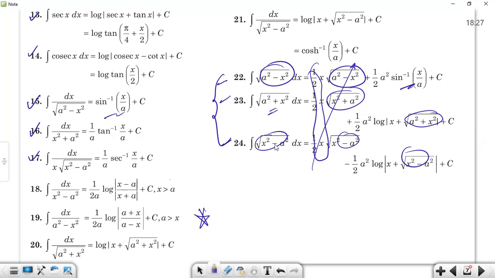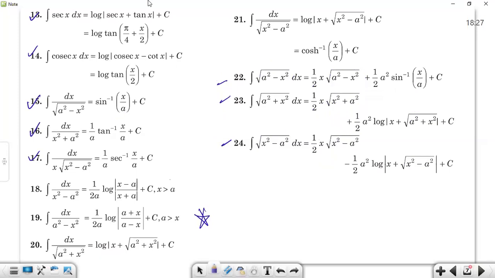Wherever square root of a square minus x square is there, sine inverse can be discussed, and in other cases there is a logarithm. And wherever the x square is different, don't forget to have this negative sign. So this is how you can make observations, and you have to learn them by writing. Write again and again, and you'll be able to learn them in a very easy manner.